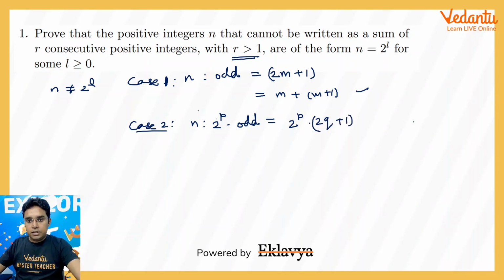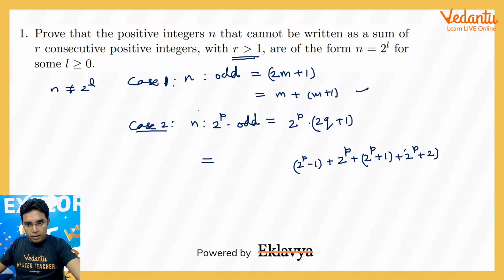Now, to show you how this number can be the sum of consecutive integers, please see what I'm going to do. I will write an AP whose middle term is 2 power p. Then I will add a term which is one more than 2 power p, and one term that is one lesser than 2 power p. Similarly I will add 2 power p plus 2, and subtract to get 2 power p minus 2.